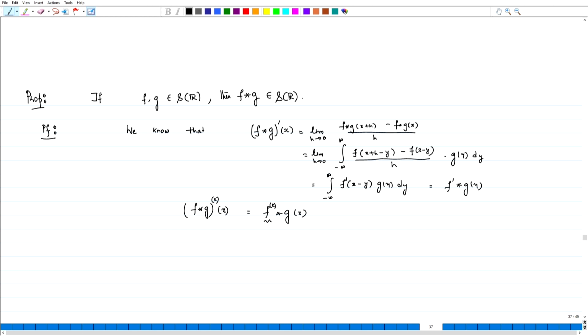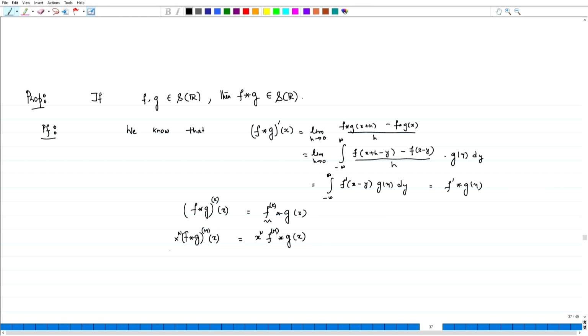So, what we want to show is that x to the power n times the mth derivative of f convolution g, at x, has bounded modulus. This is equal to x^n (f^(m) * g)(x), from the above observation.